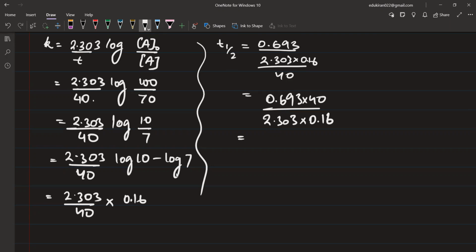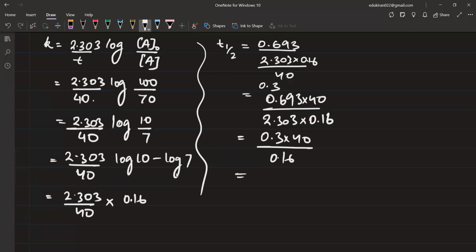So I think 2.303 and 0.693, I can maybe say, approximately, right, so I can say that this is 0.3 into 40 divided by 0.16. Calculate this number and you will get the answer.